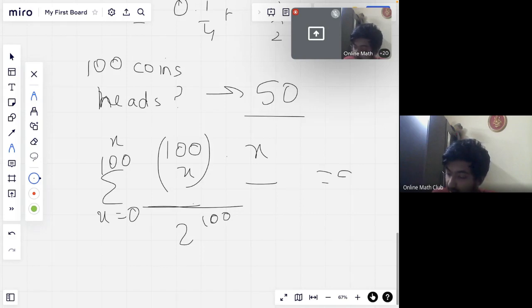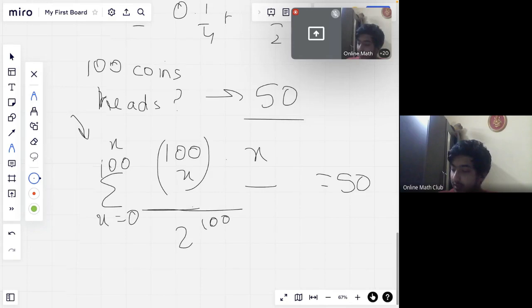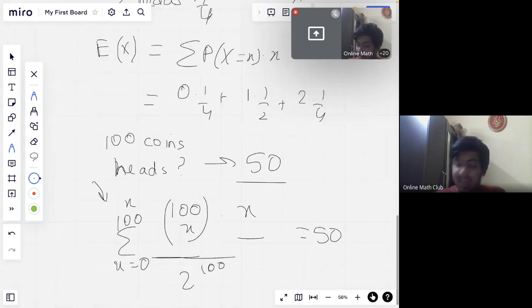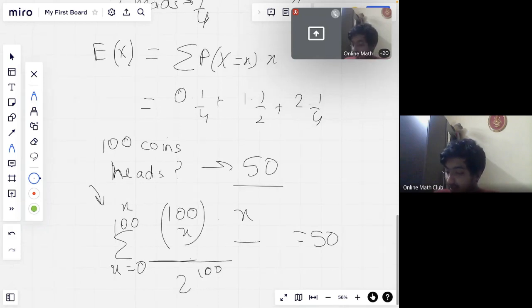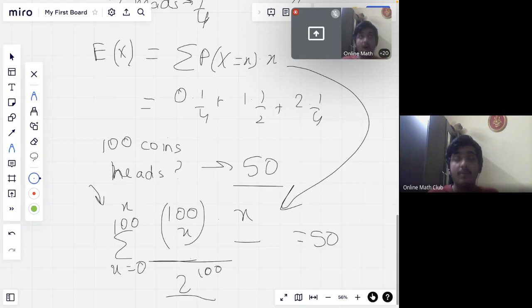This is a mathematical thing. We can calculate the probability for a general number X of heads. We're going to apply this formula here. So this X is this X, and the probability is 100 choose X over 2 to the power 100. Because how many ways can we get one head and 99 tails?